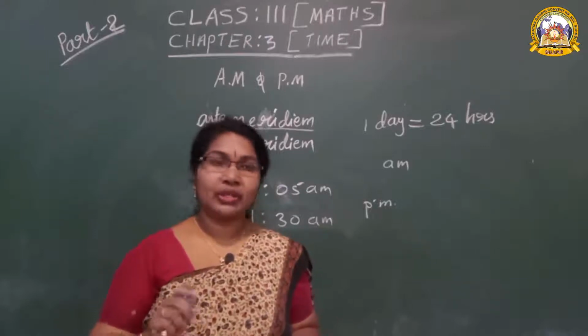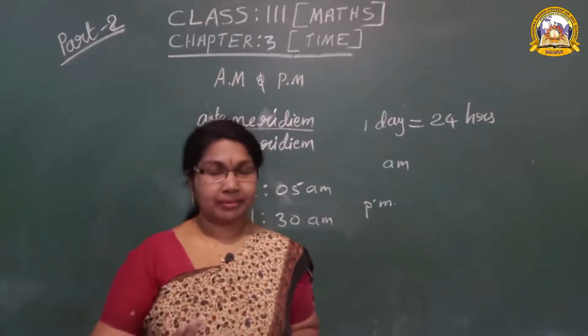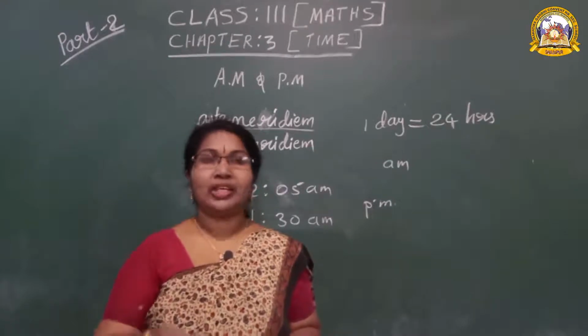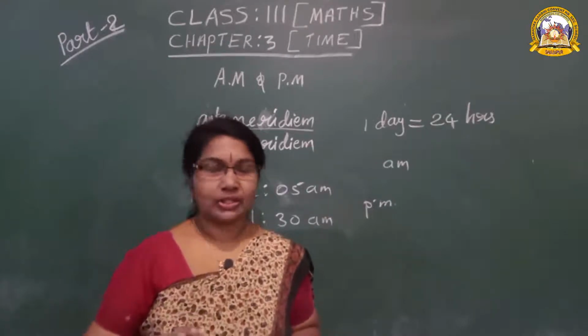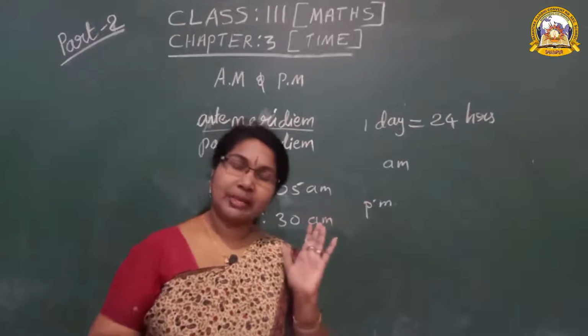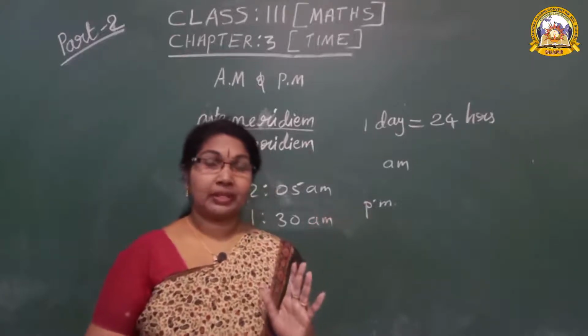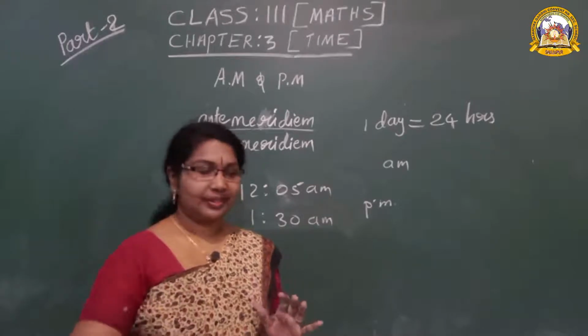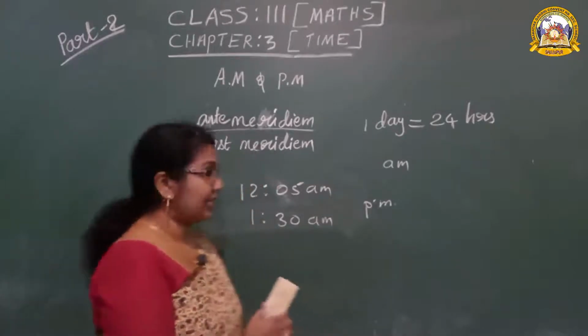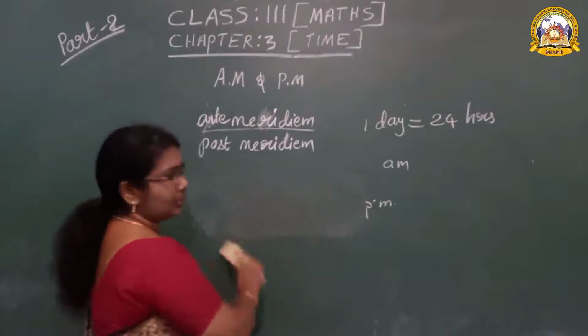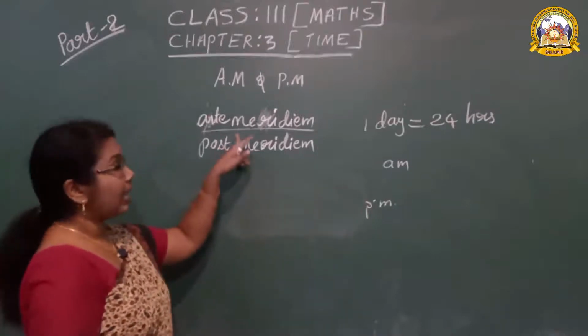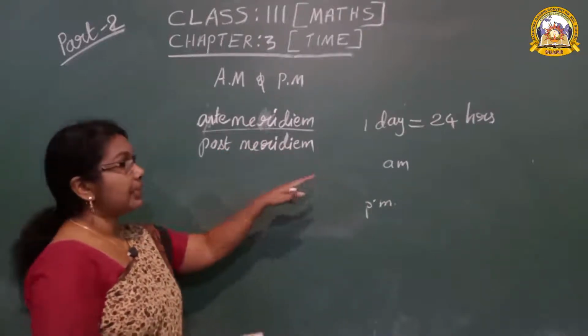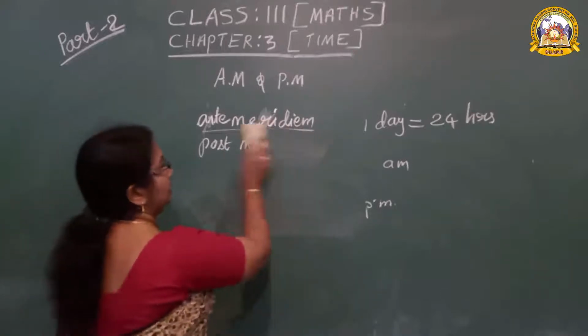Then in the evening you are playing, PM. Then at night you are eating supper, it is also PM. Then you are sleeping, PM. Getting up at 5 in the morning, AM. Understood how to say AM or PM? What is the full form of AM? Anti-meridium. PM means post-meridium.